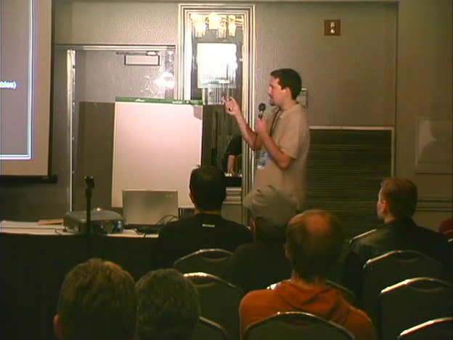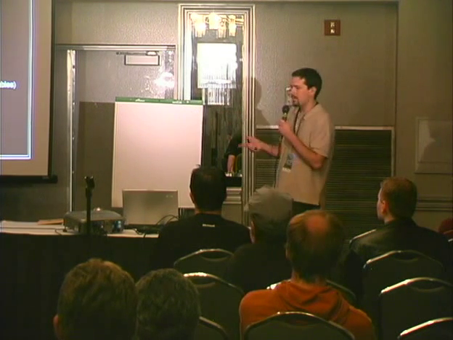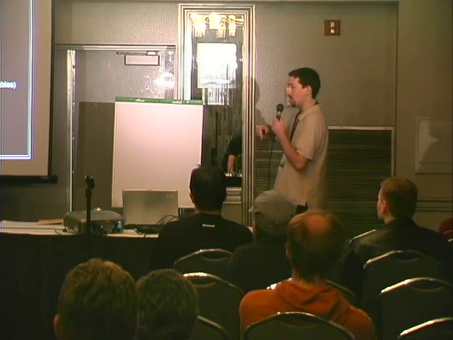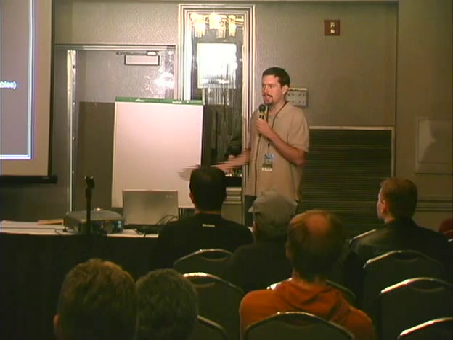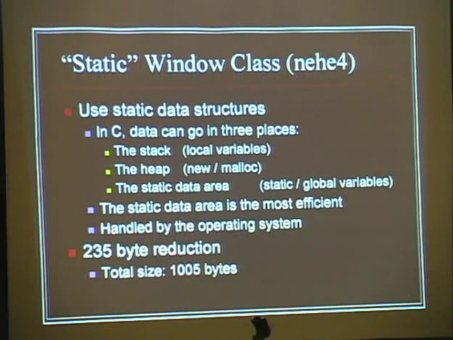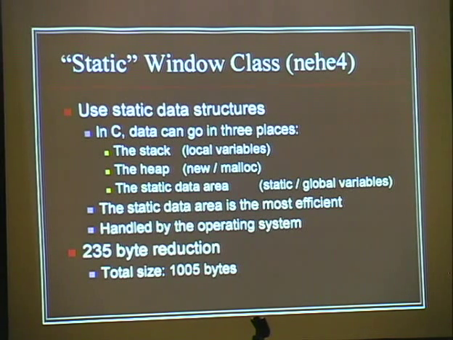There's another place called the static data area. This is where variables that are declared with the static keyword go. It's also where global variables go. And this is great because it's actually allocated by the operating system when it loads your program. So there's absolutely no code involved. So if you can get away with it, declare all your variables with the static keyword. It makes your code smaller. Well, experiment.